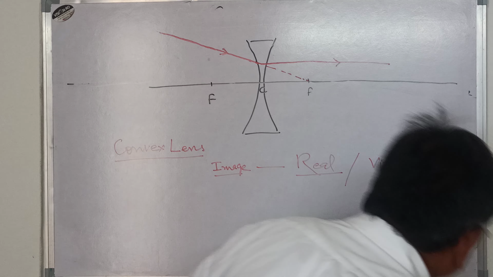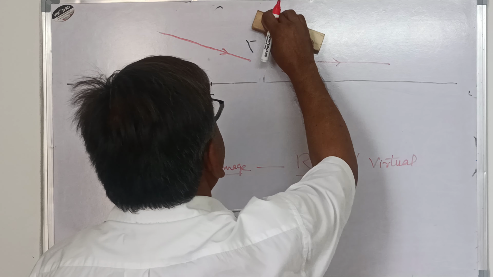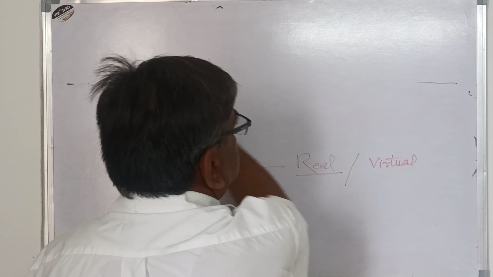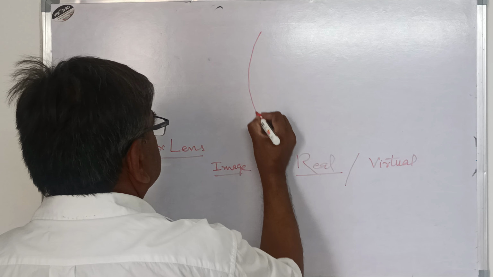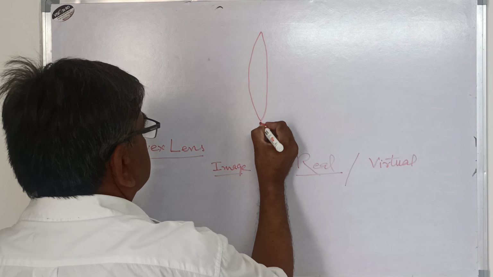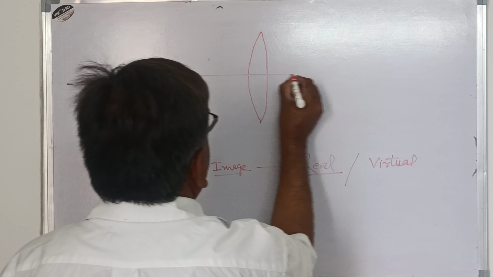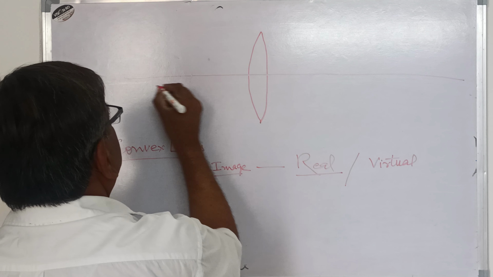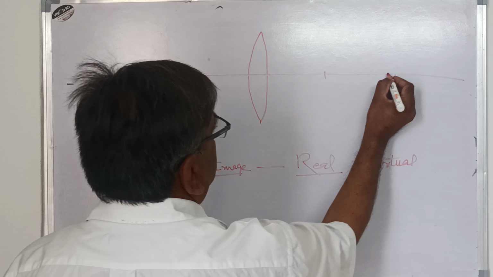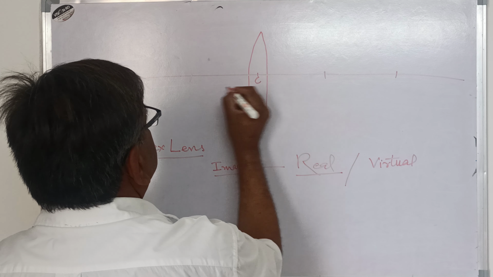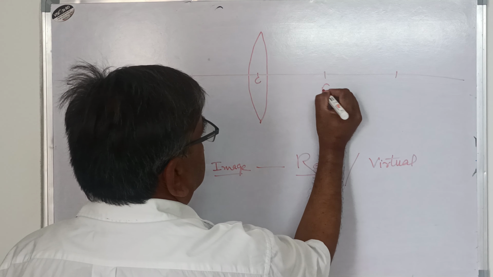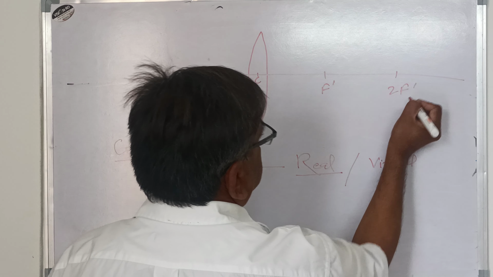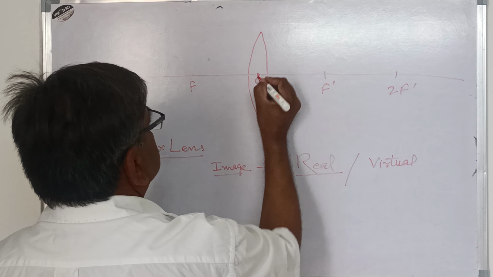In case of a convex lens, here F, 2F, here F dash, here 2F dash. This was the point.